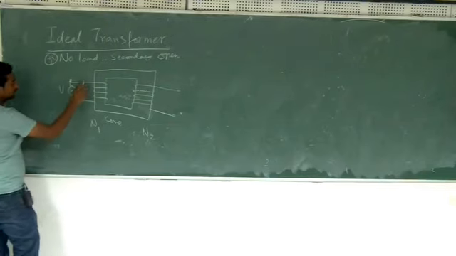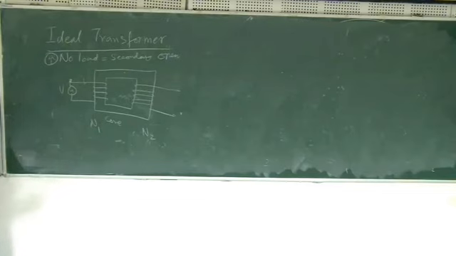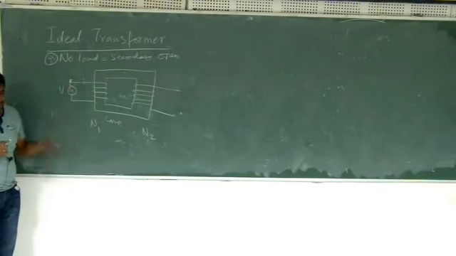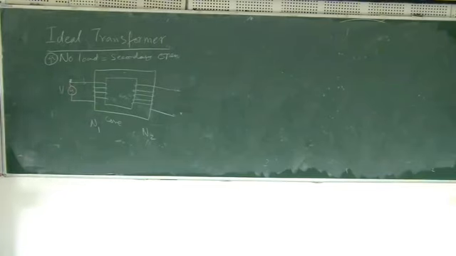So will there be any current? So there will be some current. Okay. And what will be the phase difference between the voltage and current? Phase angle difference. Yeah, 90 degrees.